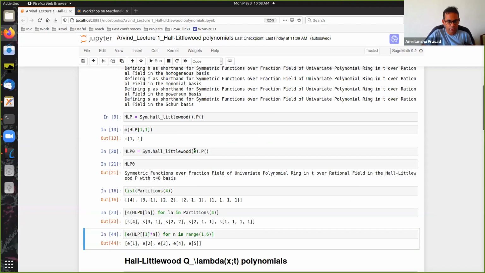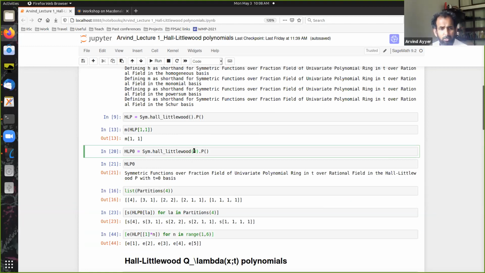But you put 0 there. Yeah. You just put the variable. So you can also do -1, for example. The -1 specialization is also an important class. These are called Schur's Q functions. That's another specialization. You just do -1.